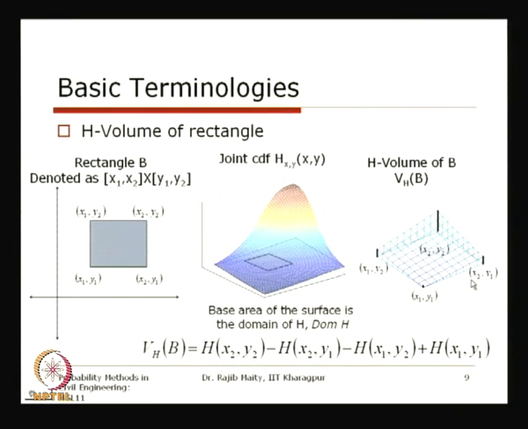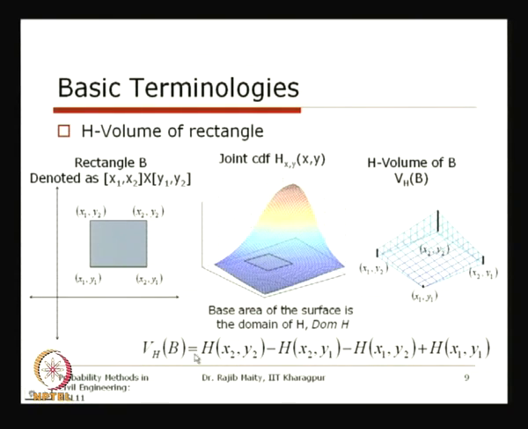Now if I want to say that this function is always increasing in both directions, where x2 is greater than x1 and y2 is greater than y1, then the volume below that PDF should be greater than or equal to 0.